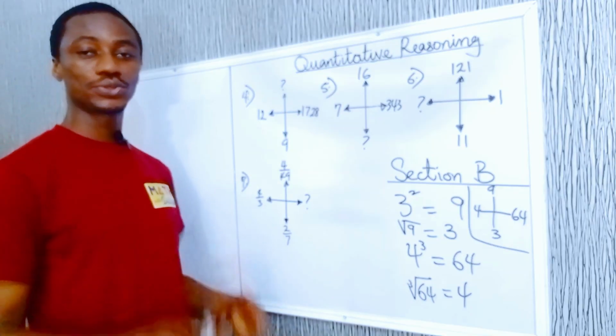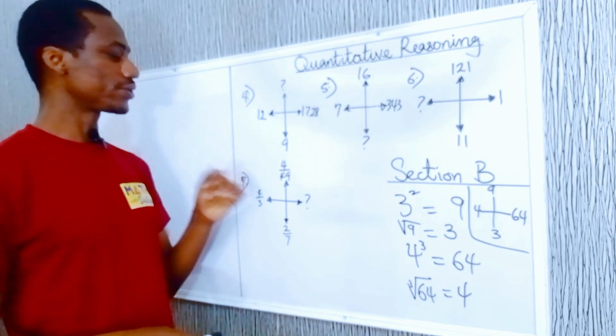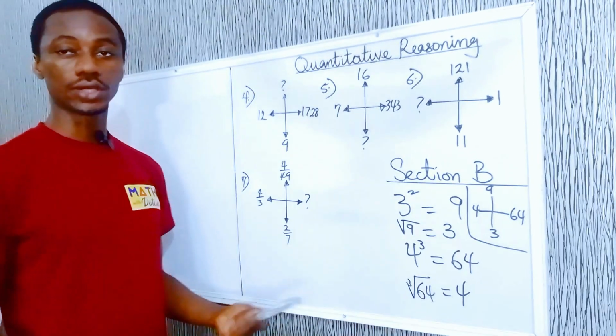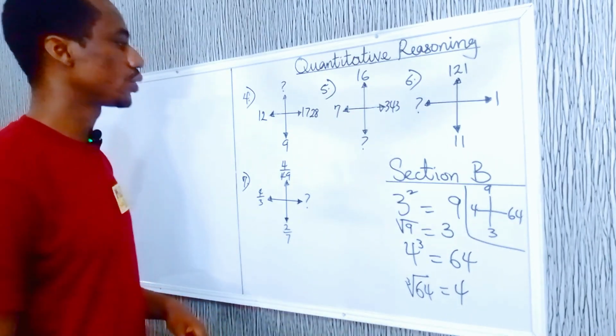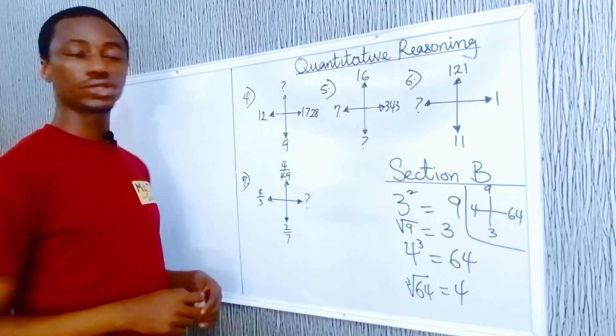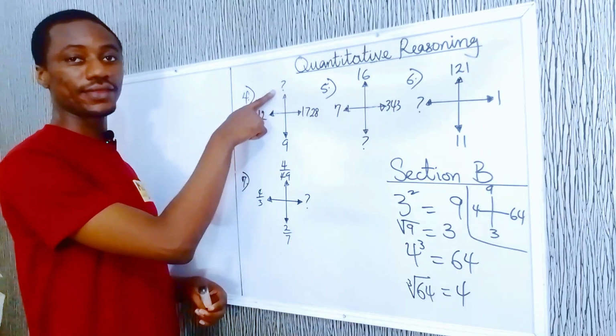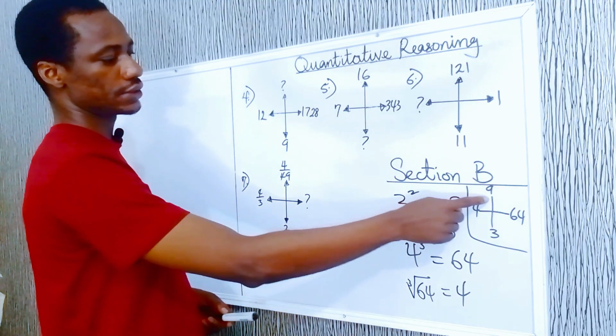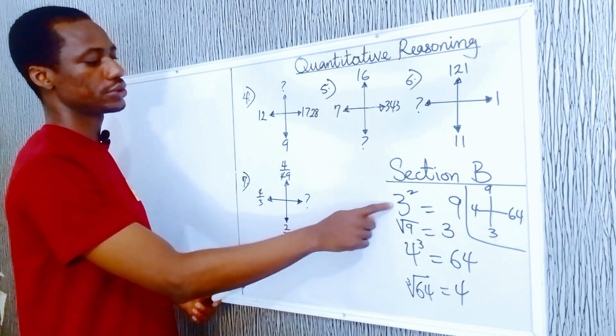All right, now to the exercises. We have questions 4 to 7, and then we have the analysis that we have done already. In question number 4, we have to find the topmost number, and in the analysis that is 9. How did we get the 9?